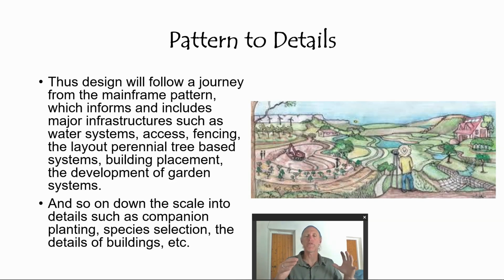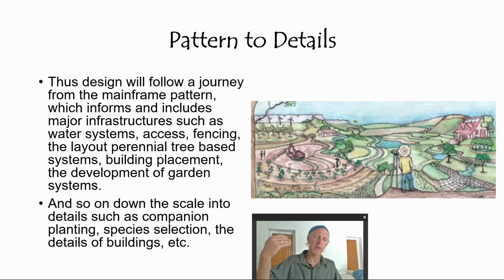Which will in turn frame your access, your roads and pathways, which will then in turn frame your fencing systems and the layout of your perennial tree-based systems. It will inform where your buildings are placed. And then around that, the development of your garden systems.